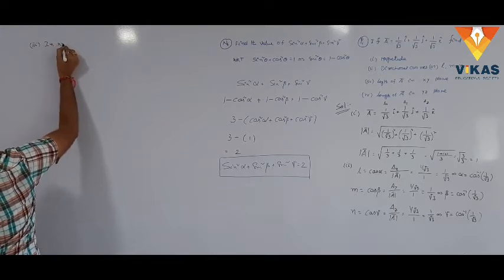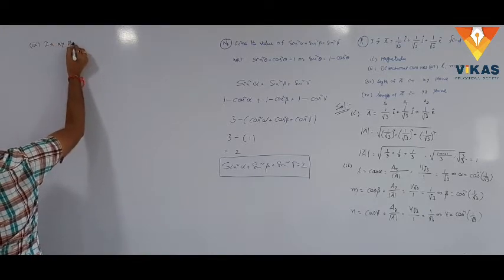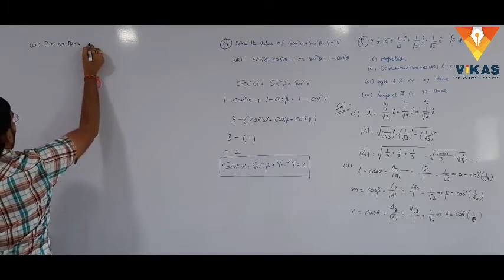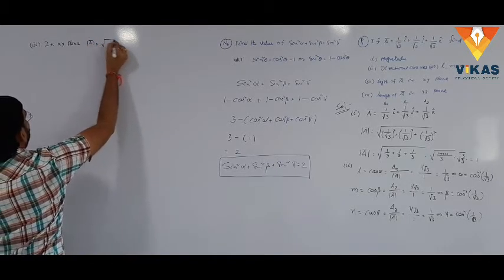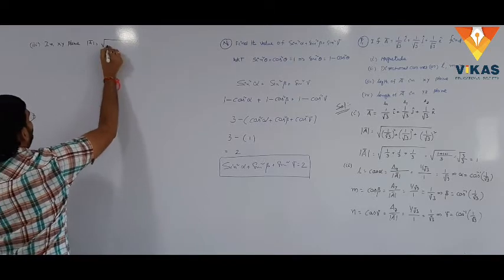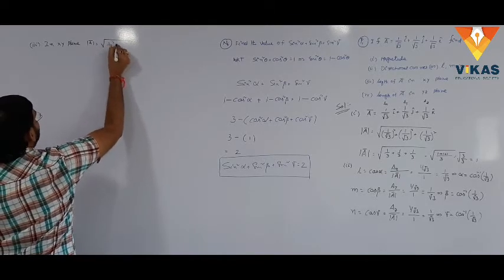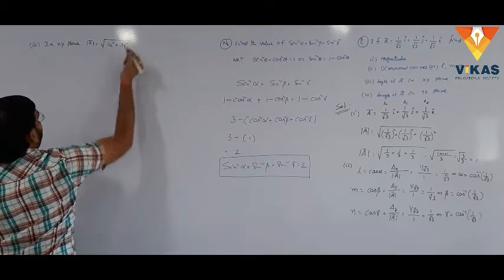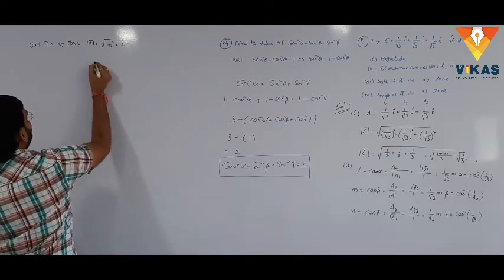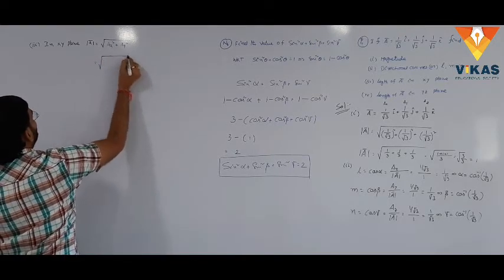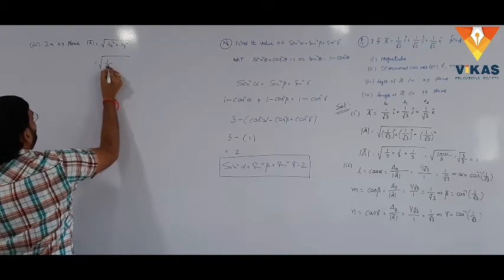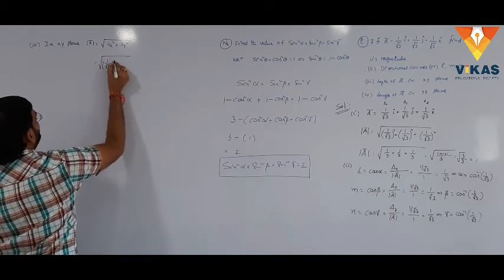In xy plane, according to the formula, A bar modulus, only x and y components are there: ax square plus ay square. What is the value of ax? 1 by root 3 whole square.